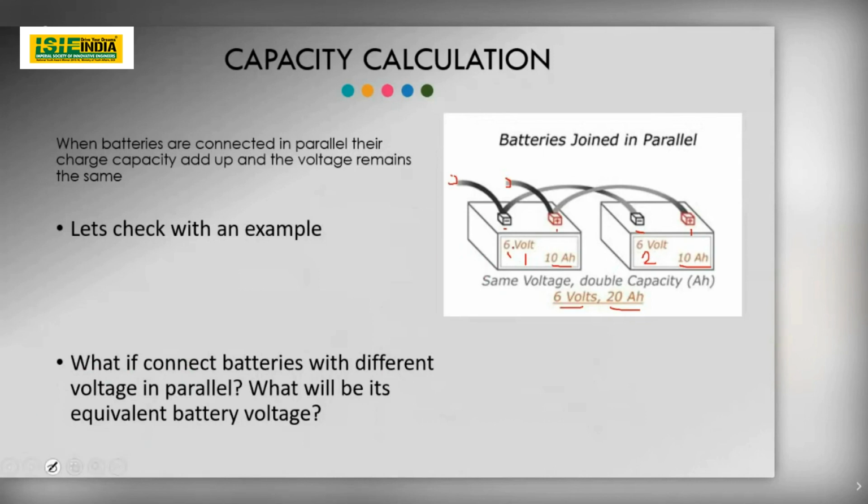Let's consider this battery to be 2 volts, while this battery is 6 volt. So battery 1 is 2 volt and battery 2 is 6 volt. What will happen? If you want to solve this question on your own, please pause the video. I will be answering this question right now.